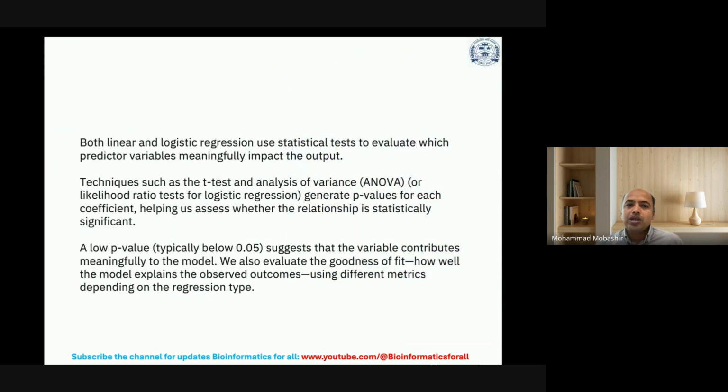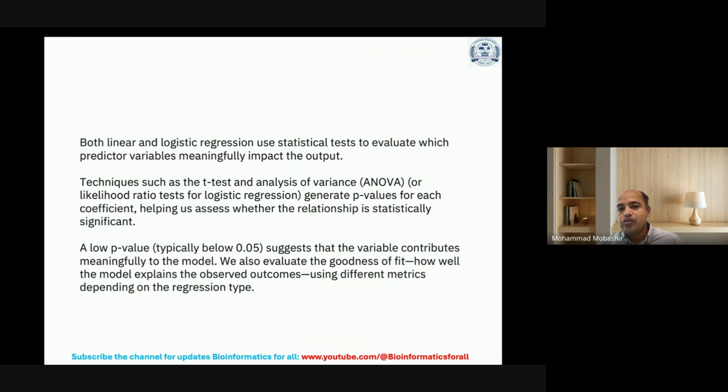Both linear and logistic regression use statistical tests to evaluate which predictor variables meaningfully impact the outcome. Techniques such as the t-test and analysis of variance, that is ANOVA, or likelihood ratio tests for logistic regression, generate p-values for each coefficient, which helps in assessing whether the relationship is statistically significant.